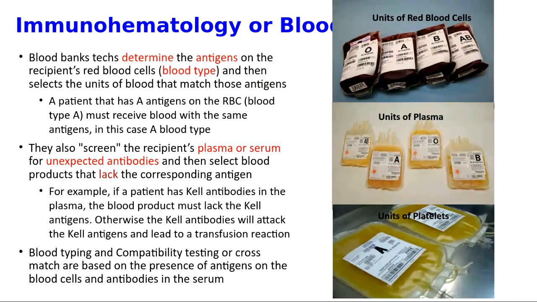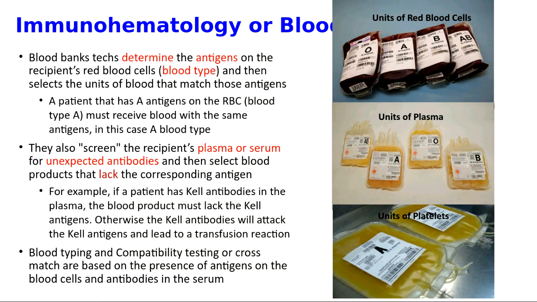A and B are not present, so you are O. Should be 0, but since the other ones are letters, they decided to say O. So we have those 2 antigens of the ABO family: A antigen, B antigen. You can have both A and B antigen, or you can have neither. So those antigens will give you your blood type.